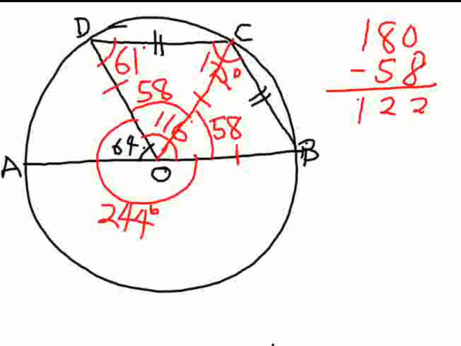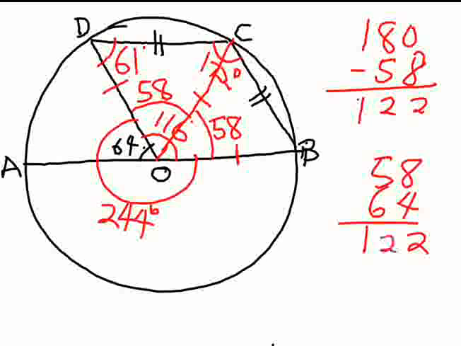The angle is 58 plus 64. 58 plus 64 would give 122 degrees. So angle at the center is twice the angle it subtends on the circumference. So if we share 122 into 2, we're going to get the angle here as 61 degrees again.